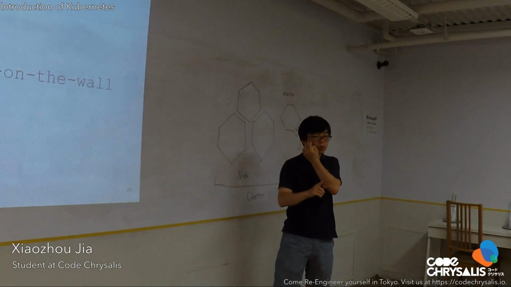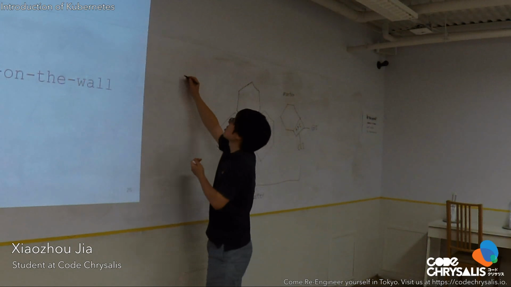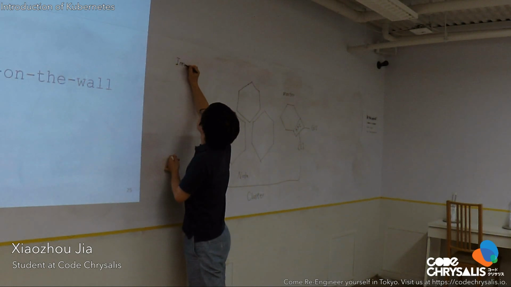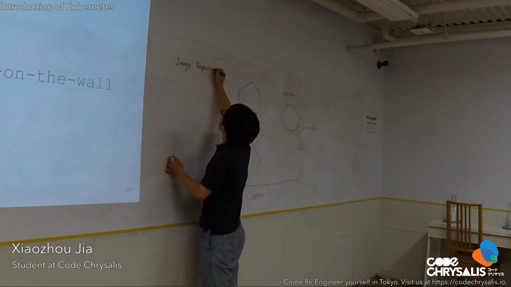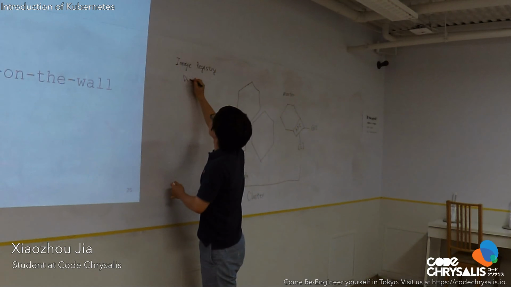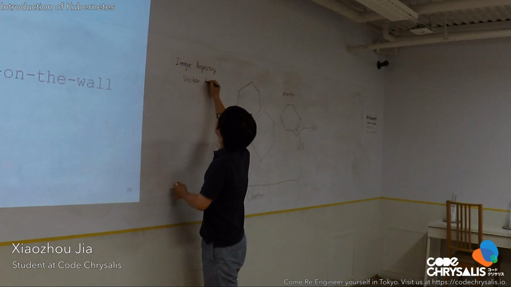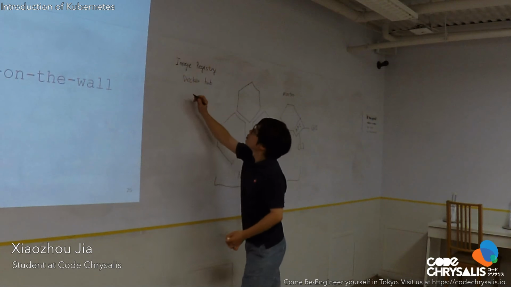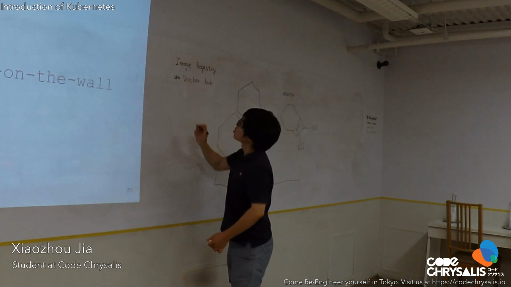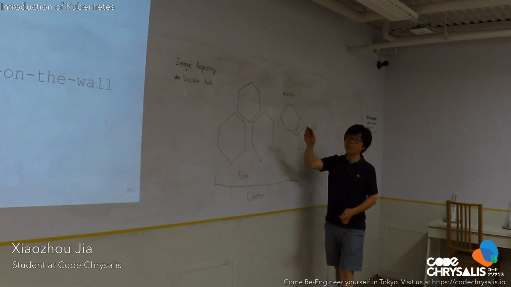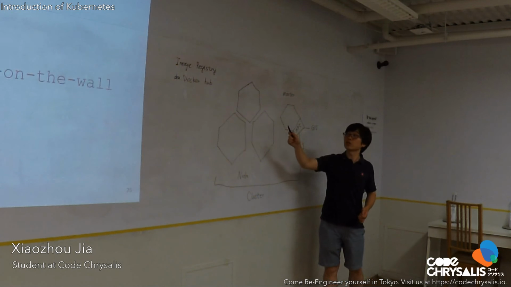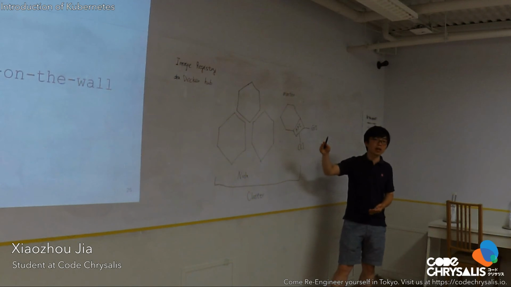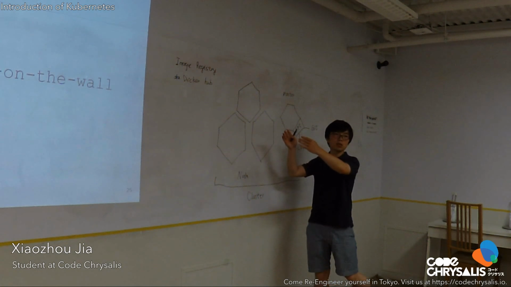architecture. One other thing I want to bring up is something called image registry, aka Docker Hub. So image registry, a Docker Hub, is a place where people put their images.